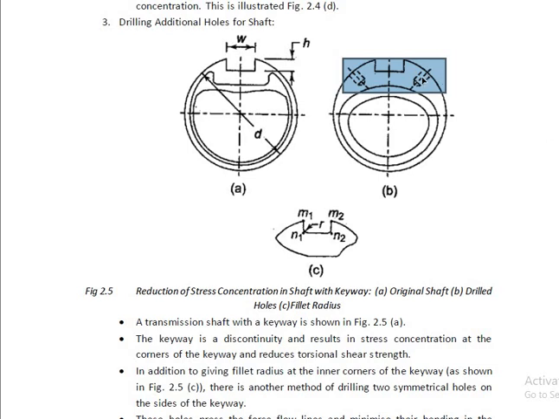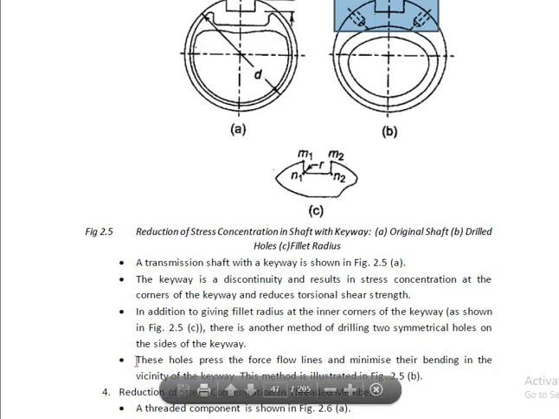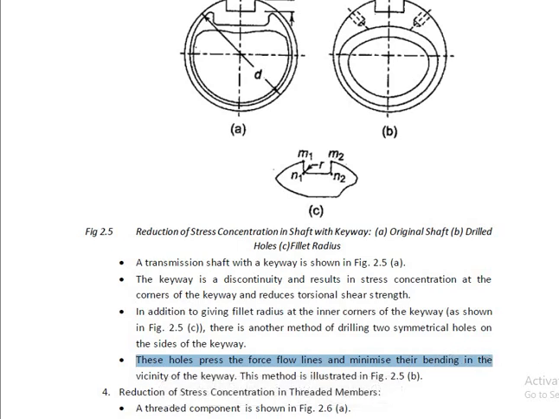This will not affect anything, but it will reduce the stress concentration. These holes press the force flow lines and minimize their bending in the vicinity of the keyway. When there is a sharp bending of force lines near a corner, there is a possibility of stress concentration.